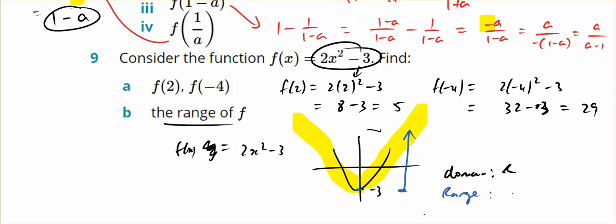So range is including negative 3 to positive infinity, not including. Okay, does that make sense? So that's essentially what you're doing. The domain, if I want to visually represent it, spans forever here and there, because the graph goes on forever that way, forever that way. So that's what reals means. And the range only starts at negative 3 to infinity. Okay, hopefully this helps.